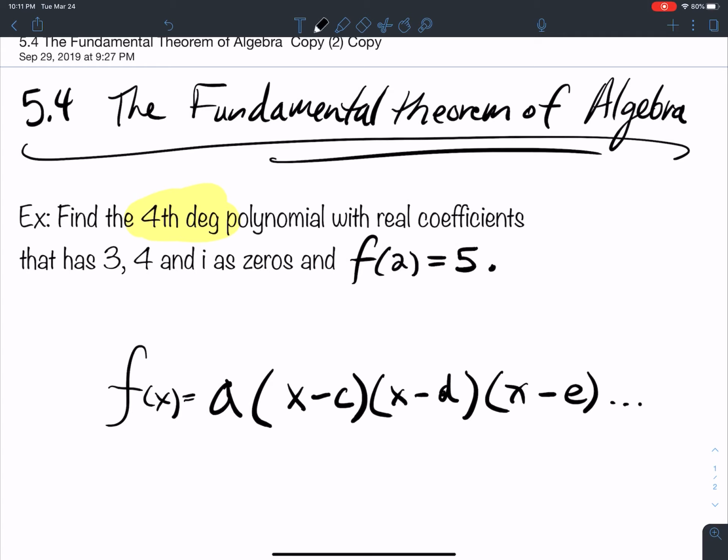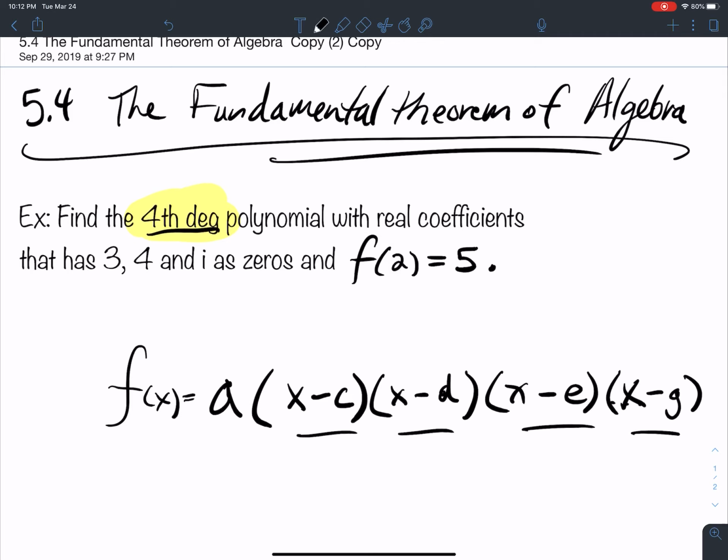That's what the fundamental theorem of algebra tells us. If it's a degree n, or degree 4 in this case, then I've got 4 of these factors. Let me not use f, let me use g. So I need 4 factors.